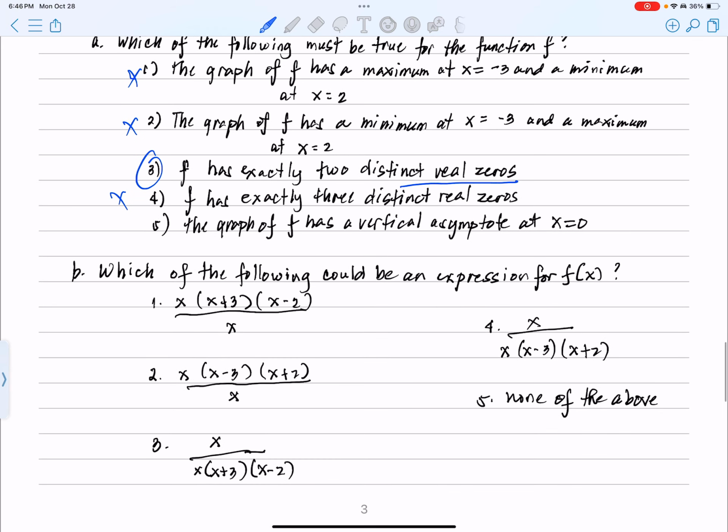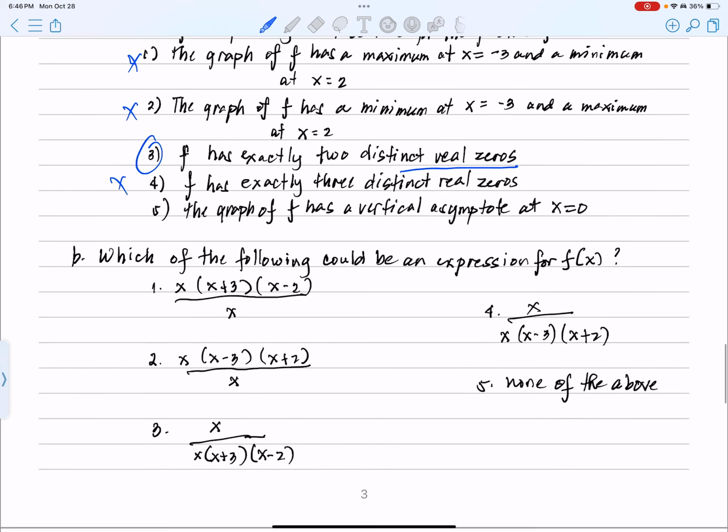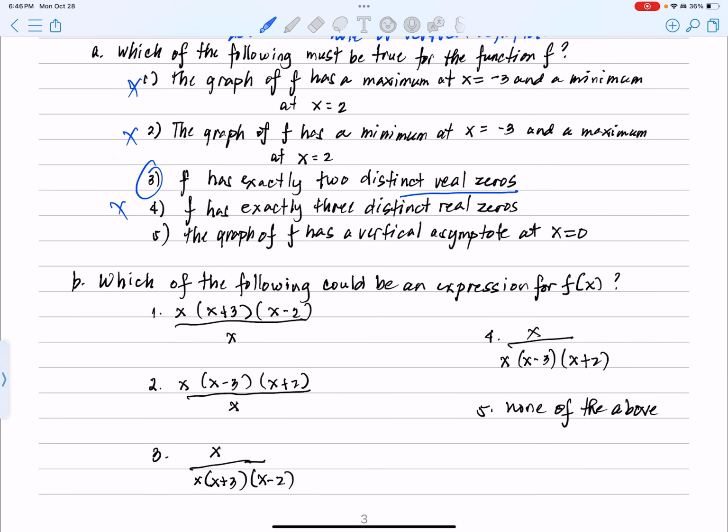Which of the following could express the function of x? Let's look at this one right here. If we equate this to 0, we have a hole there. We can cancel that out. So the numerator x plus 3 equals 0, x is negative 3, and x minus 2 gives x equals 2.